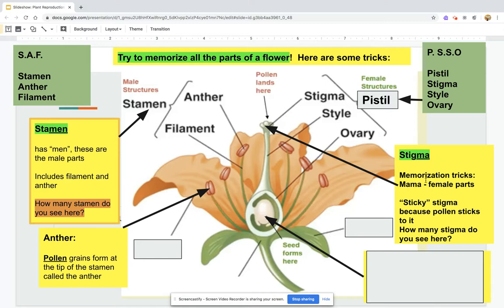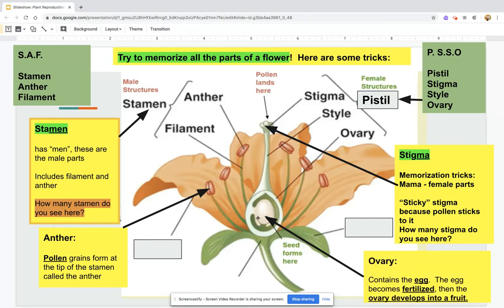Now, what's in here? Stigma. Memorization tricks. Mama, right? So stigma, it has the word ma in there. And so mama sounds like mama. And that would be the female parts. It's sticky. Stigma is sticky because pollen sticks to it, right? And how many stigma do you see here? Only one, right there at the top. Okay.